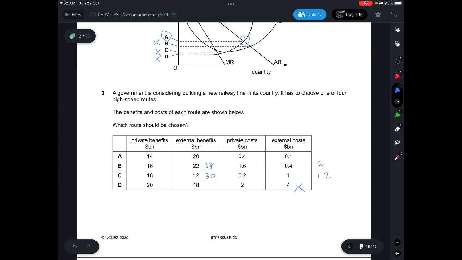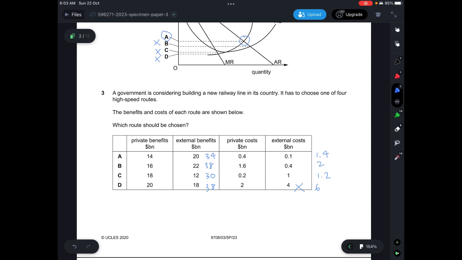And for A, that will be 34 billion for social benefits, and social cost would be 1.4 billion. So if you look at these 3 options, let's just put back D for comparison. D would be 38 and 6.